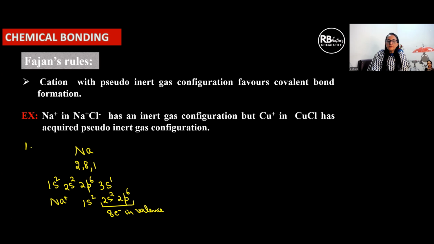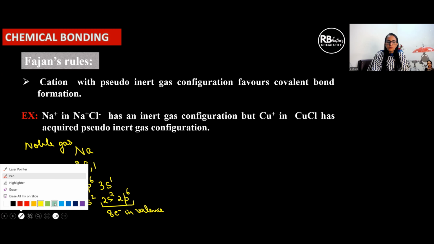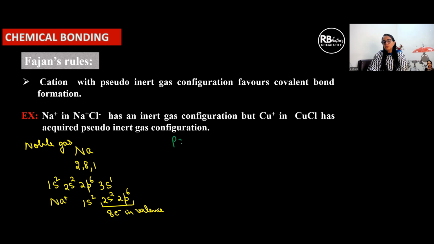Right? This is noble gas configuration. But if I look at pseudo noble gas and I pick up copper, the complete configuration, Z is 29, it's 1s2, 2s2, 2p6, 3s2, 3p6, 4s1, and 3d10.